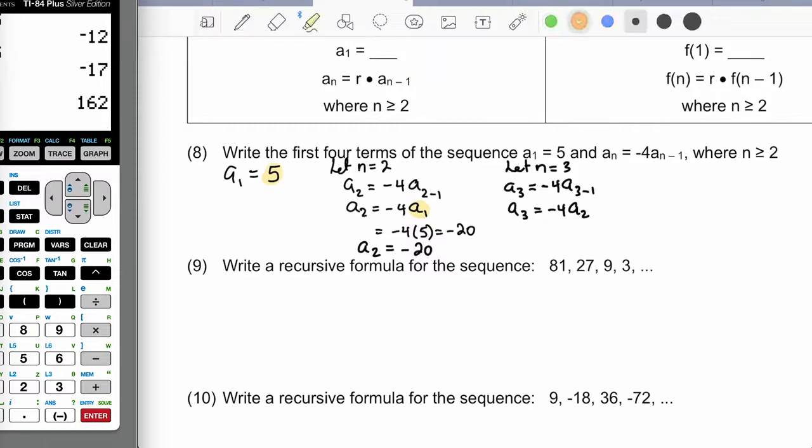Since a sub 2 is now known to be negative 20, I can make that substitution. Negative 4, oops, forgot the negative, times negative 20. That gives me a clean 80. So a sub 3 would be equal to 80. That would be the third term of the sequence. And you'll see that we could have gotten that by taking the negative 20 and multiplying it by negative 4.